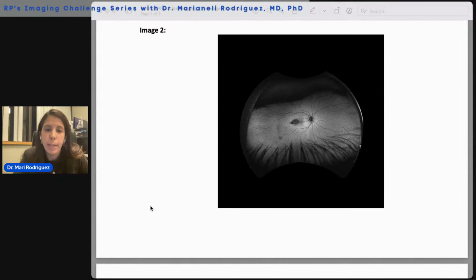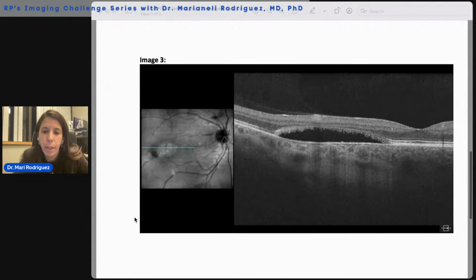The OCT demonstrated a lesion with loss of ellipsoid and interdigitation zones, as well as outer retinal cavitation and inner choroidal cavitation. At this point, based on our imaging findings and the OCT, we suspected torpedo maculopathy.